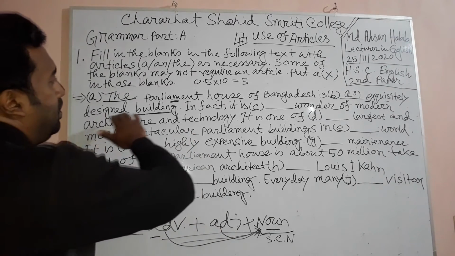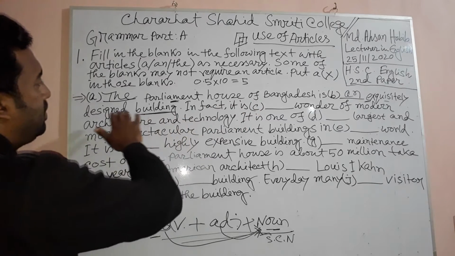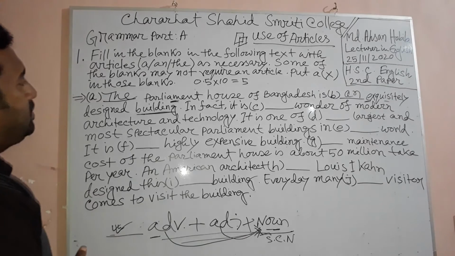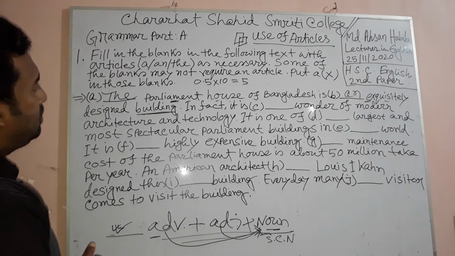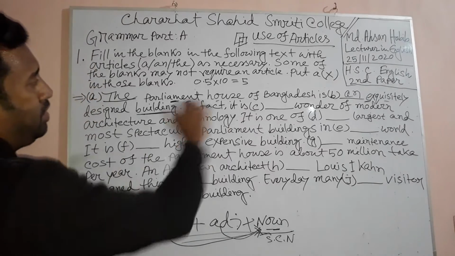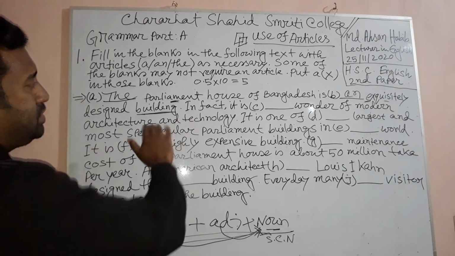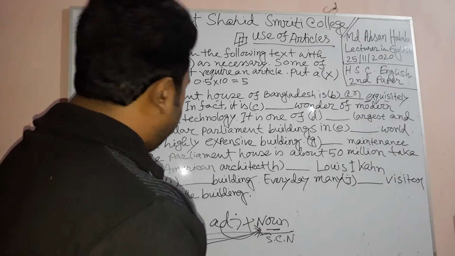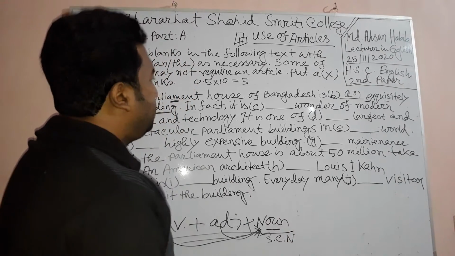So in the first sentence we have two blanks, and the answers we have got are the and an, and I have discussed the reason. In this way, later I am going to discuss the later blanks.